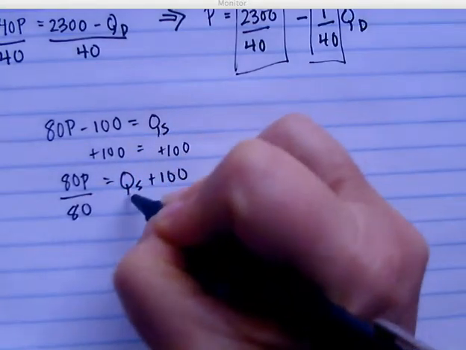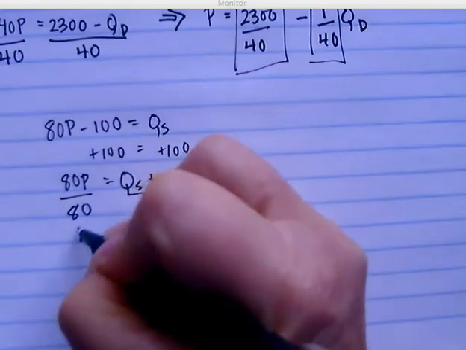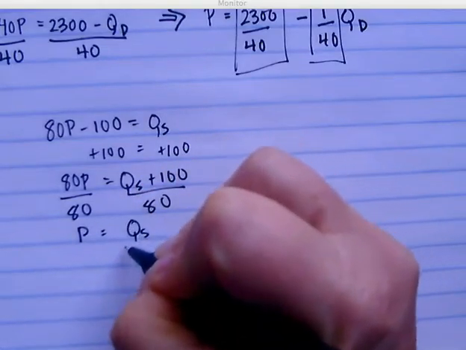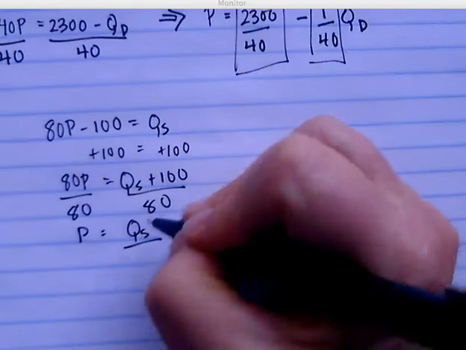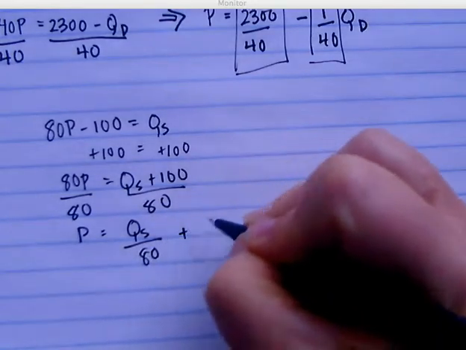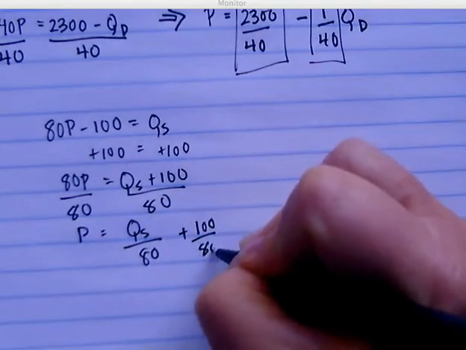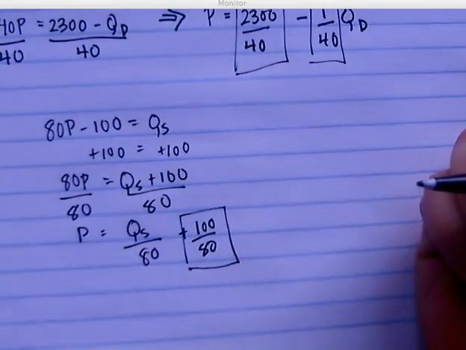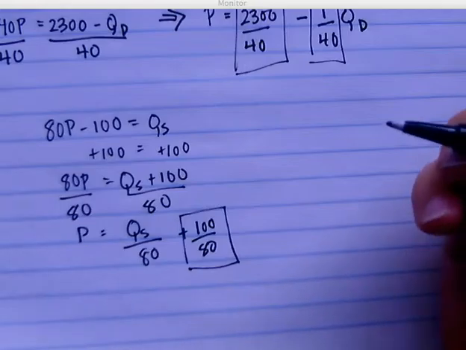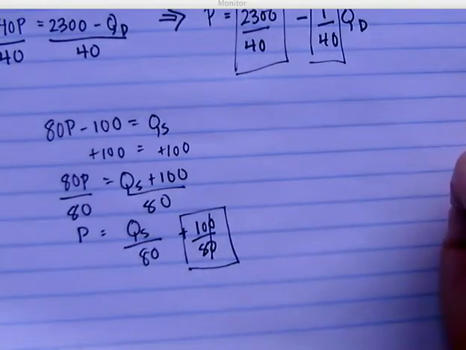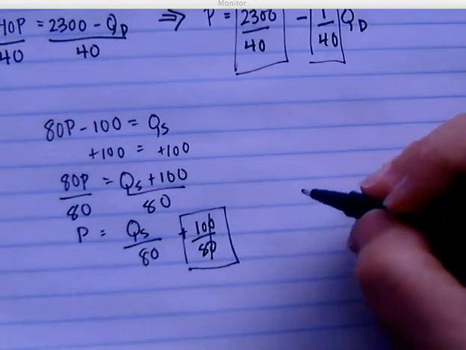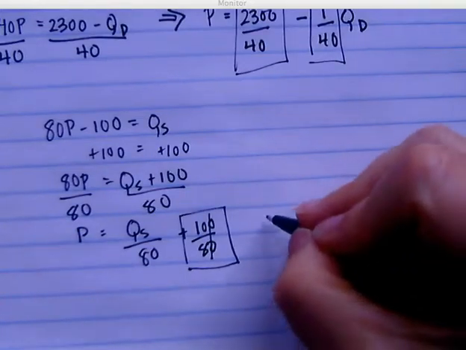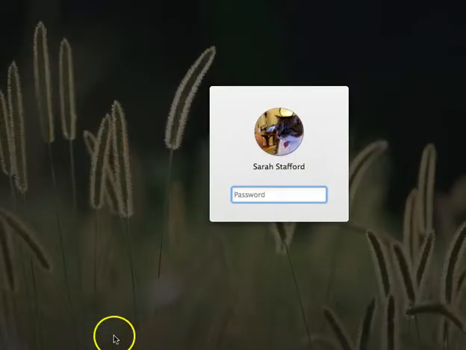Divide by 80 on both sides, and we get price is equal to quantity supplied over 80 plus 100 over 80. So this is our intercept term, 100 over 80, and we can simplify that. That's 10 over 8, or 5 over 4, or 1.25.